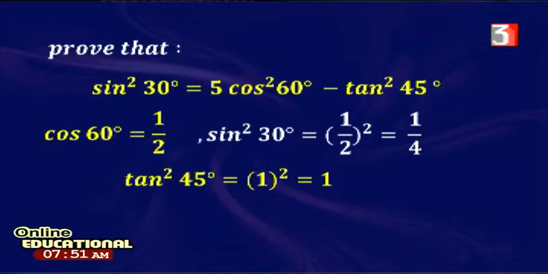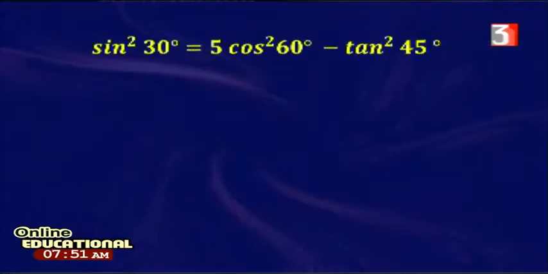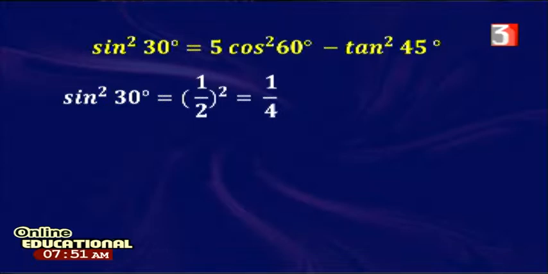Now try to find the second part. Sine squared 30 degrees equals 5 cosine squared 60 degrees minus tan squared 45 degrees. First of all, we find sine squared 30. Sine 30 equals half. By squaring it, it's half to the power of 2, to obtain 1 over 4.